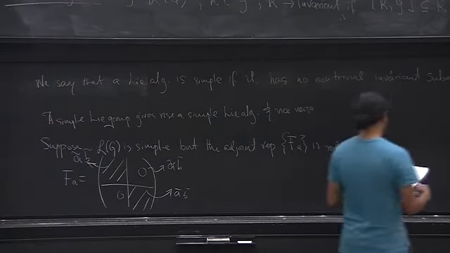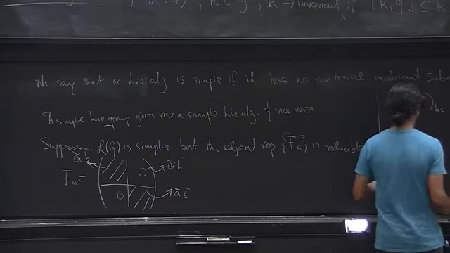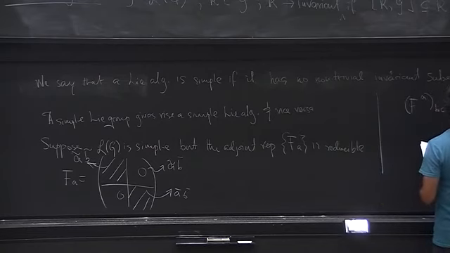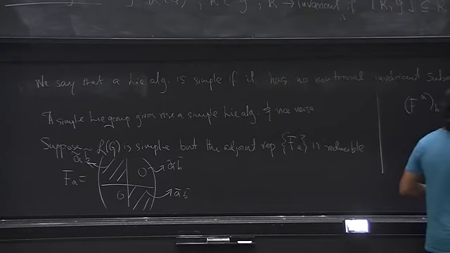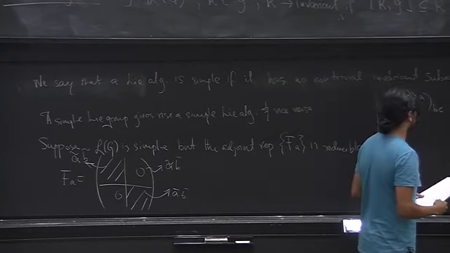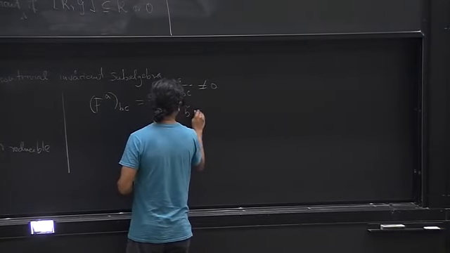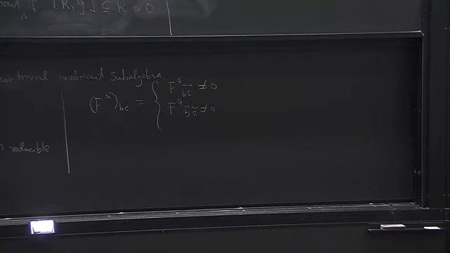So I can say that f of A, the element BC, is non-zero if both of the BC elements have barred indices, or if they have tilde indices, because then the elements are in this block or this block.